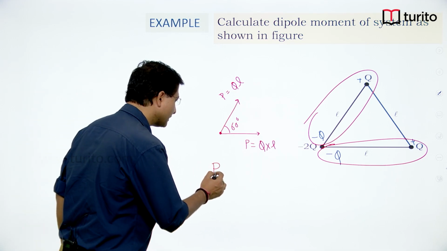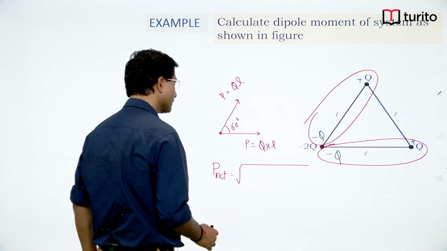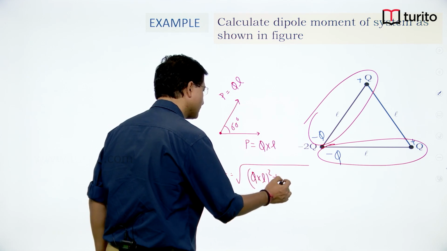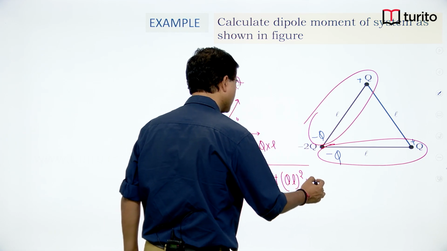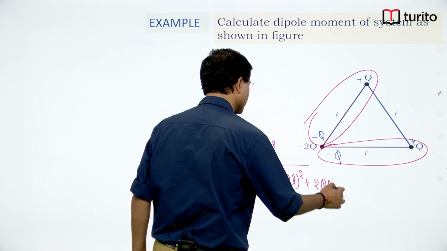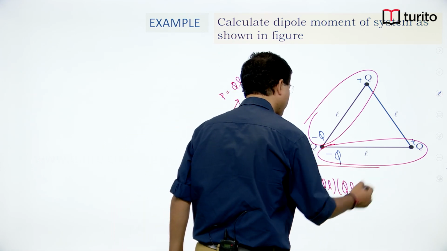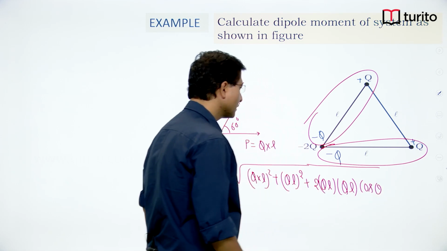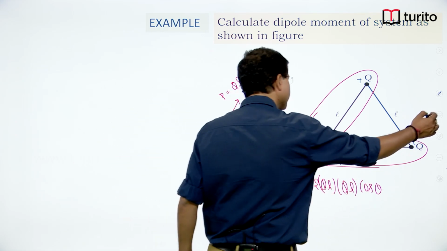So, net dipole moment of this arrangement will be under root q into L whole square plus q into L whole square plus 2 into q into L into q into L cos theta. Here theta is equal to 60 degree.